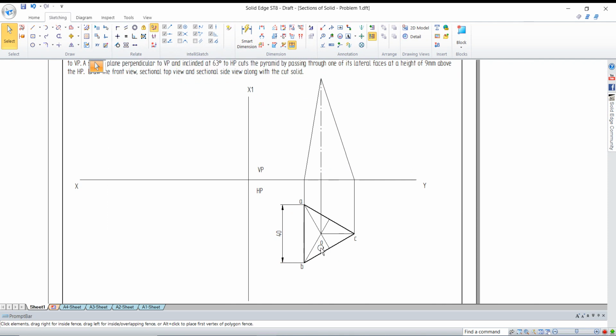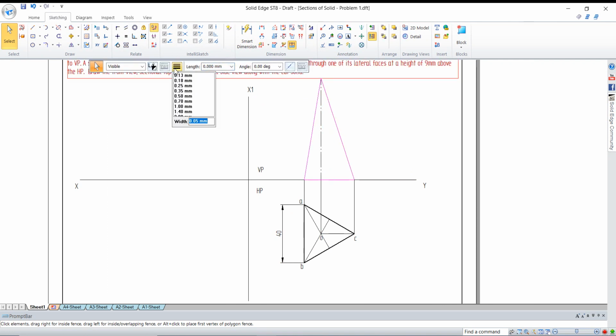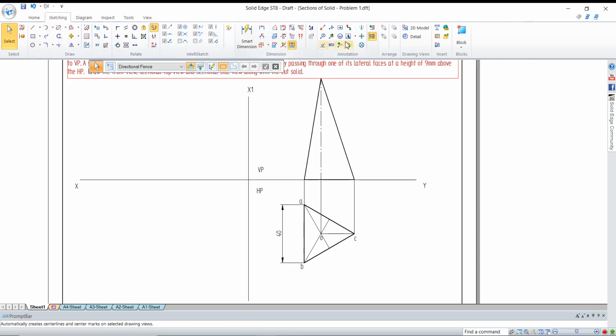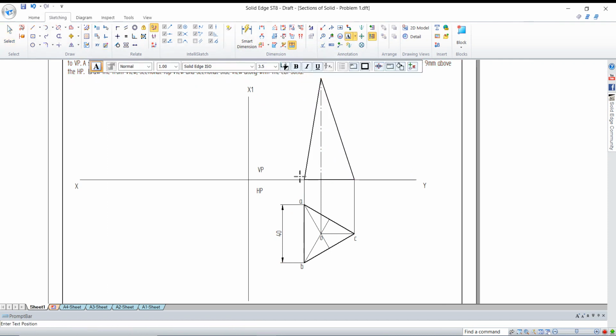So you have A, B and C and O at the center, and for the front view also all these lines are visible. We can keep it as 0.5. We'll name it the same way.